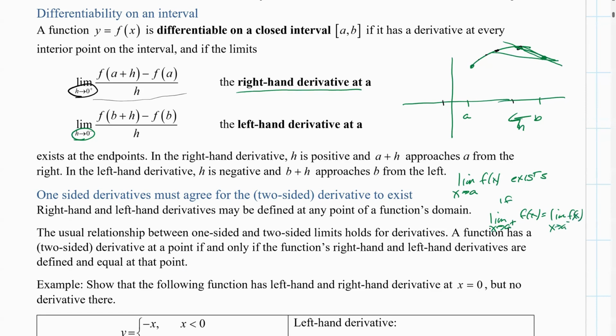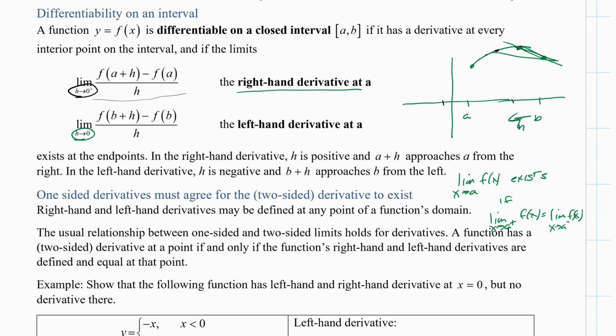Okay? We're going to say the same thing here. We're going to say that the limit as h approaches 0 exists only if the right-hand side and the left-hand side are equivalent.